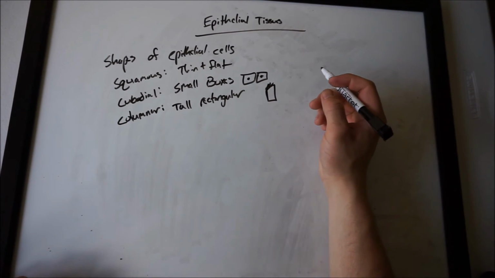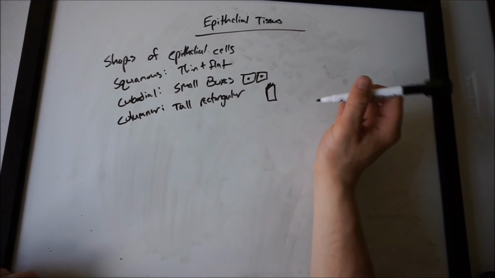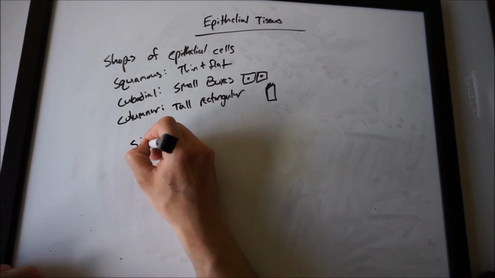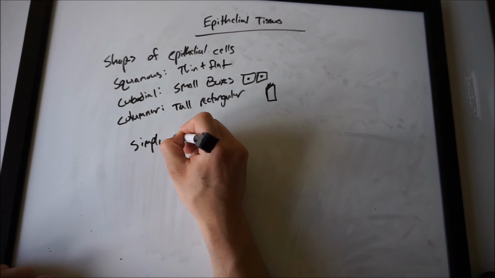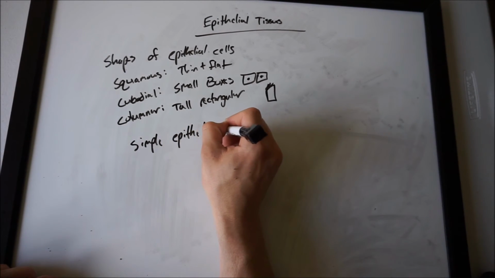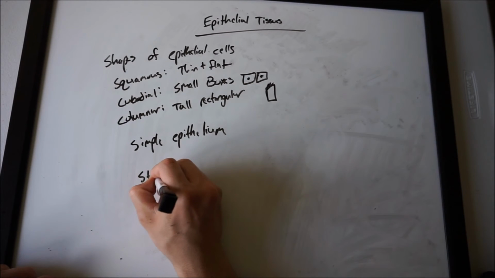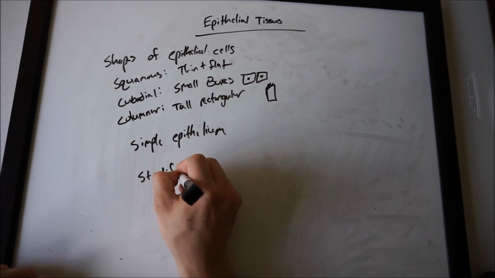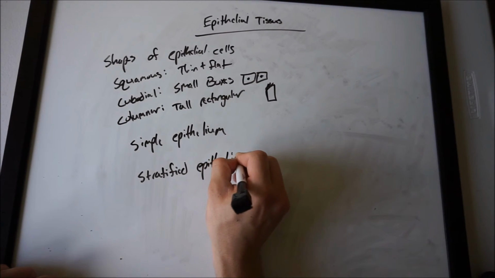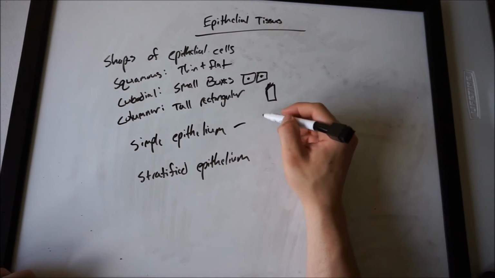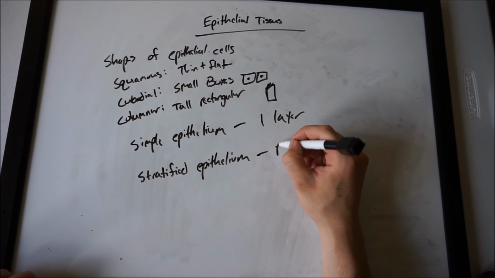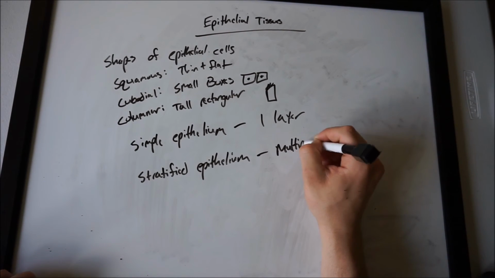And then finally, there's two other distinctions. You can have a simple epithelium or a stratified epithelium. Simple, again, is one layer, while stratified is multiple layers.